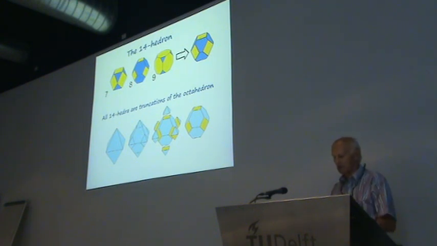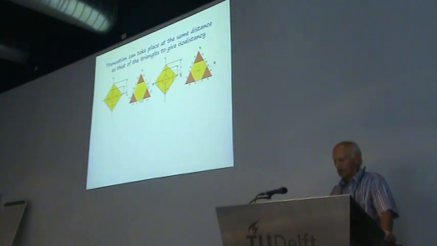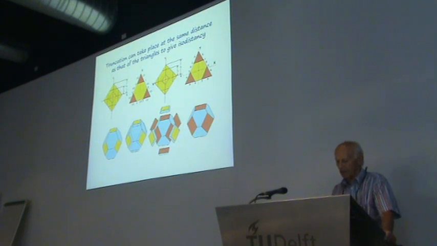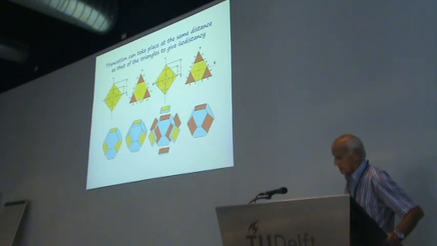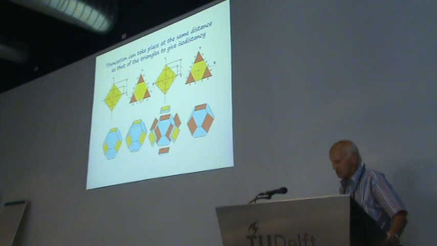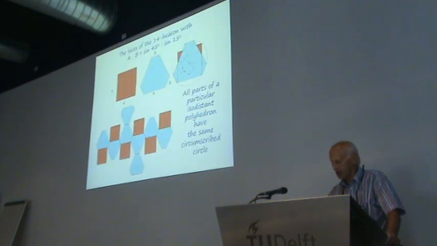You see, all 14-hedra are truncations of the octahedron, in fact, and when you do it in a proper way, I cut an extra part from it so that the brown faces become at the same distance as the blue faces, and this leads to a new figure having irregular hexagons and larger squares as these faces.